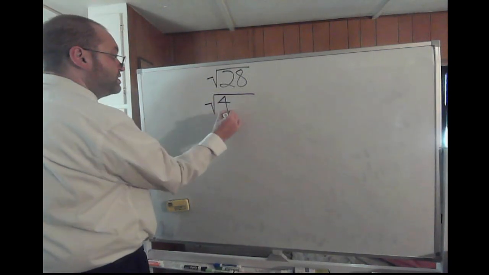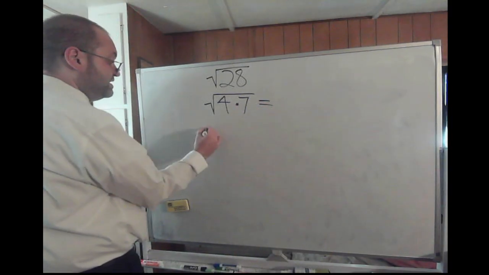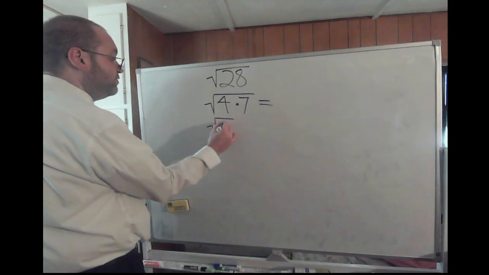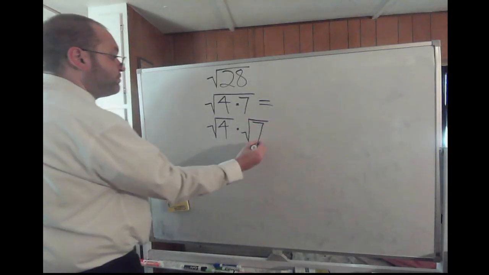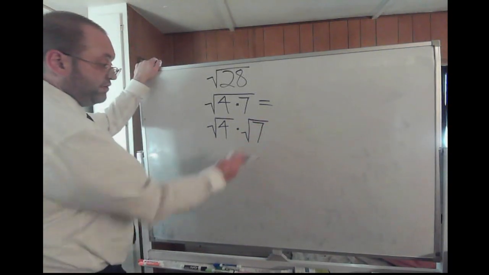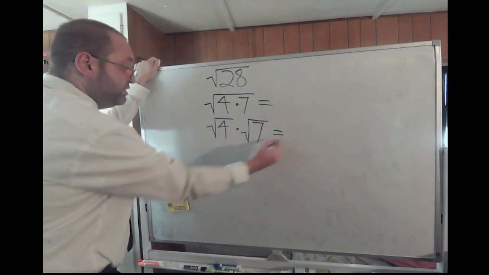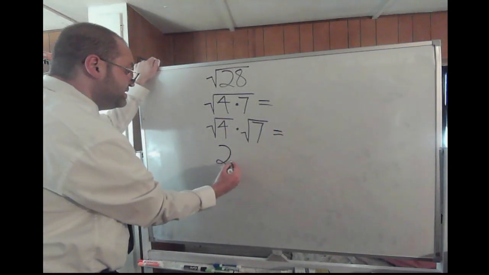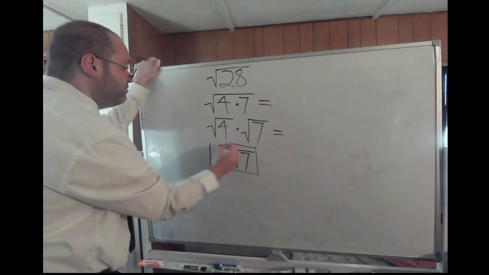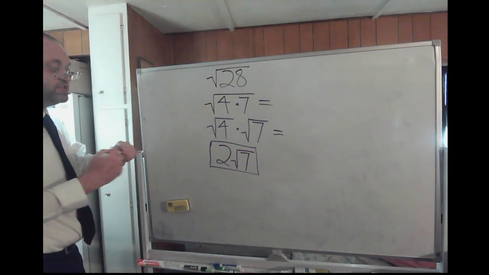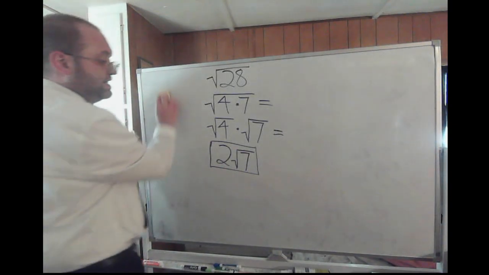We take 4 times 7 inside the square root, which means this can separate into the square root of 4 times the square root of 7. Well, the square root of 7 is not a perfect square, but the square root of 4 is. It's 2. So the answer to this is you would get 2 times the square root of 7. That would be your final answer for this. That's what it'll break down into.